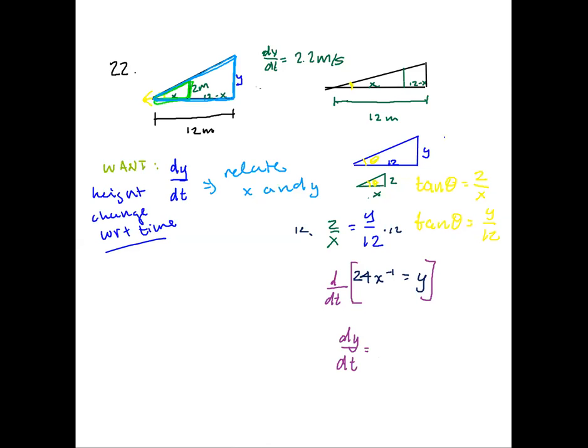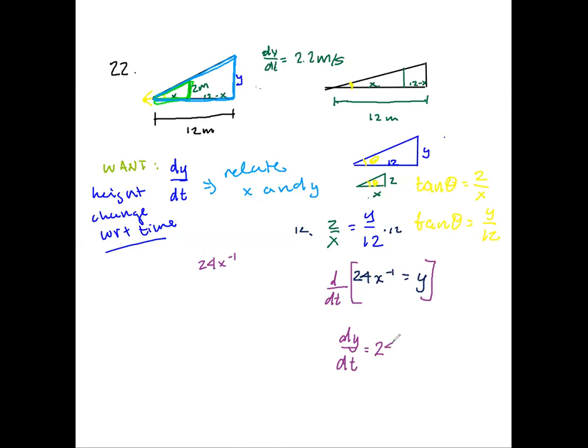This is last week's stuff, I think. So if we have 24x to the minus 1, x is a function of t. Yep, exactly.